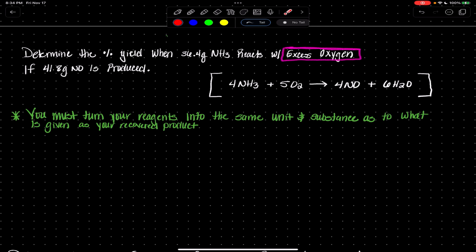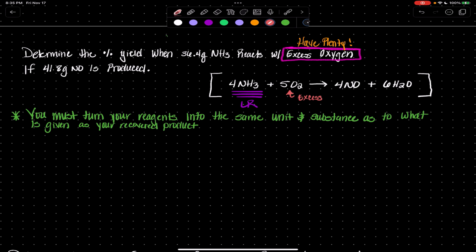If it says excess, that means we have a plenty. You have plenty of oxygen to go around, which means by default, the ammonia here is the limiting reagent. That puts it at default because the problem told us that this right here is excess. So that part's done for me.